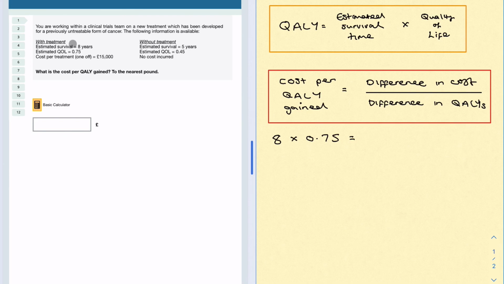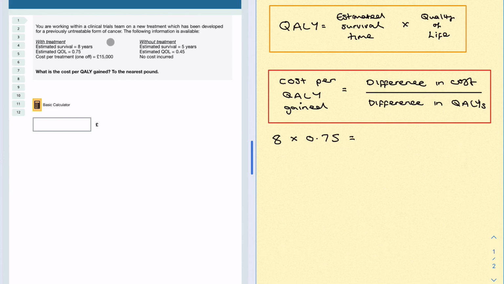So where can variations occur? Well, this estimated quality of life may be given to you as a percentage. If this is given to you as a percentage, you would have to convert it to a numerical value. So if for example they had told us that the estimated quality of life is 75%, we would have converted this to 0.75. But in this example, it's been given to us.